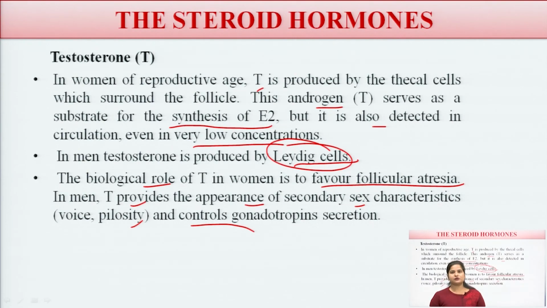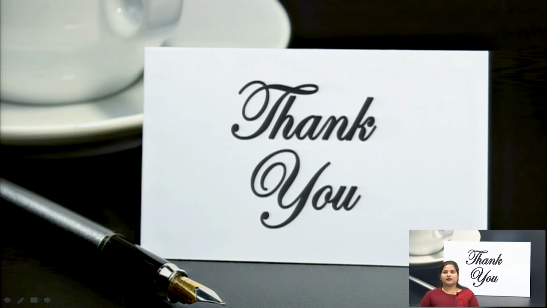So this is all about the hormones which play an important role in the reproductive system. There are some protein hormones and some steroid hormones, and both play an important role in the reproductive system. Thank you.